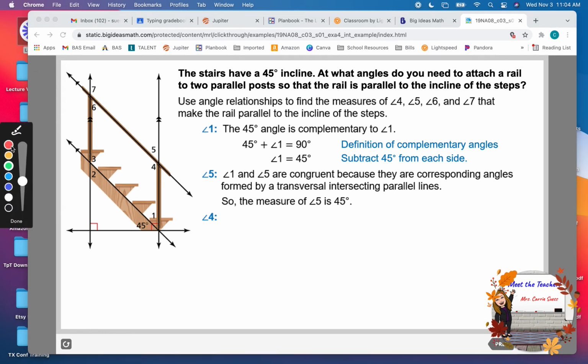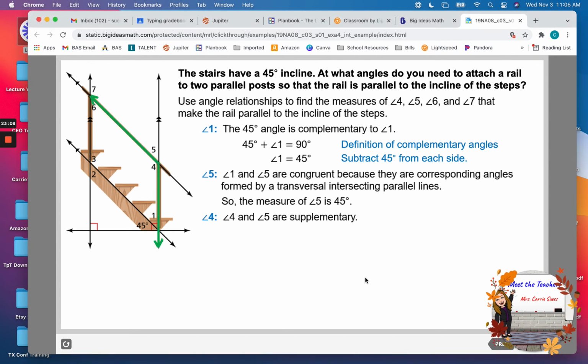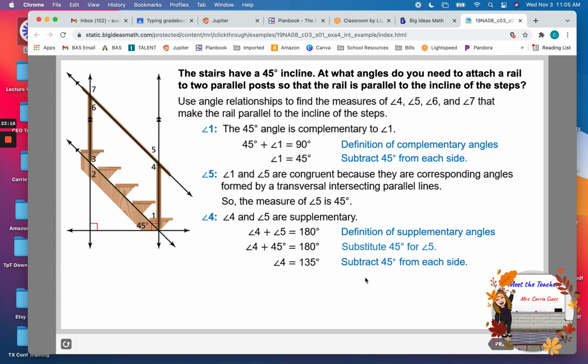Okay, well, it's a 180 degree angle total. And since 5 is 45, I just subtracted 45 from 180, and that's 135. Absolutely. They are supplementary, so they add up to 180. So 180 minus 45 gave her 135. So now she has the measurement of angle 4.